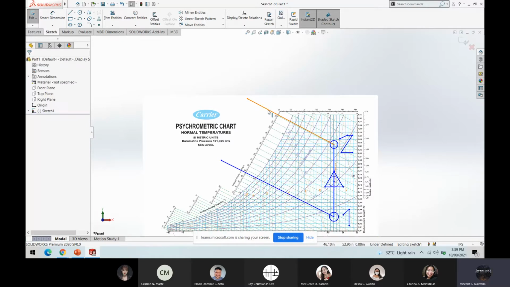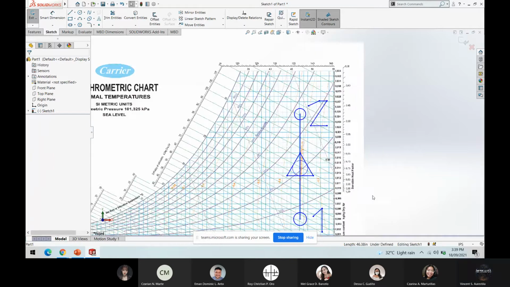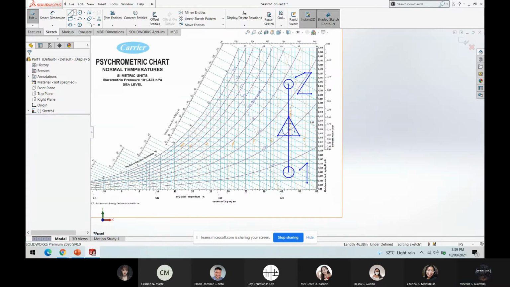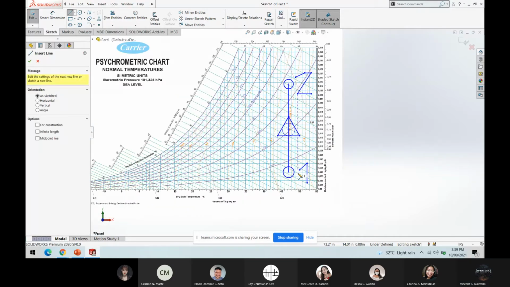Then the next property that we will observe is the dew point temperature.